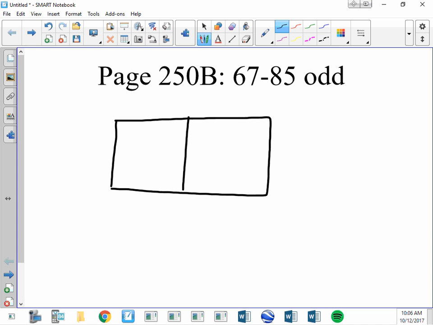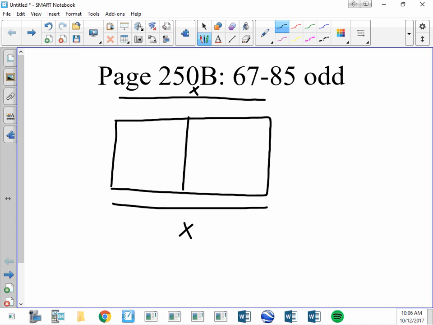One of these lengths needs to be x. So you want to call this x. Which means this is also x. Now, how long are the other sides?